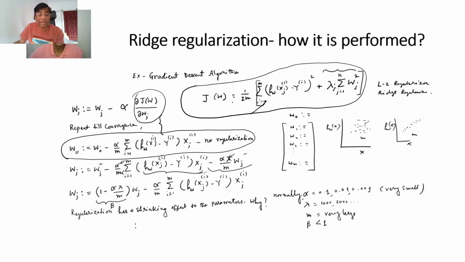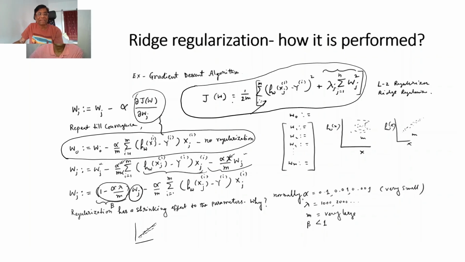That means you do not have much complicated pattern in the data, right? So you don't need so many parameters or features to be associated in your predictor. So as you run your algorithm with the given data, this term will annihilate many of the W's.